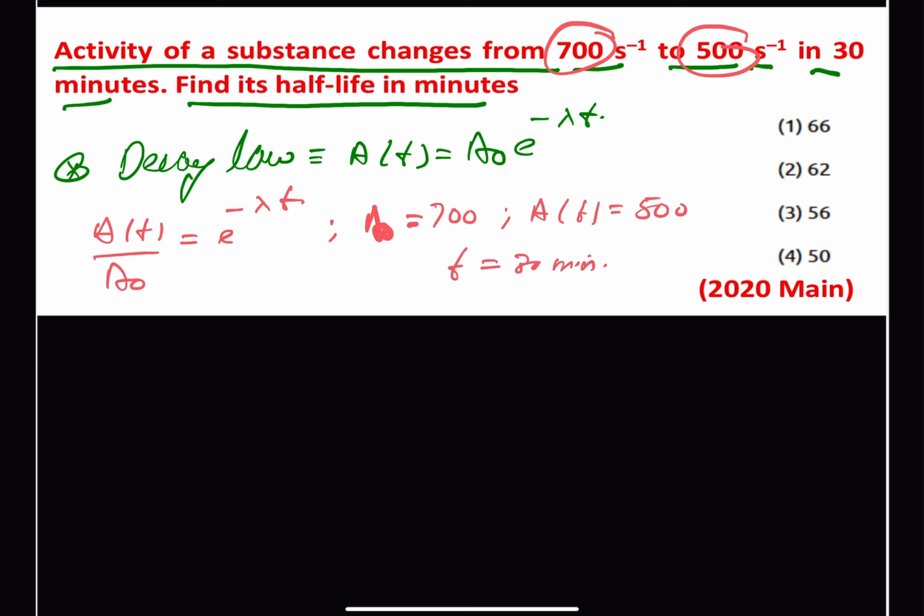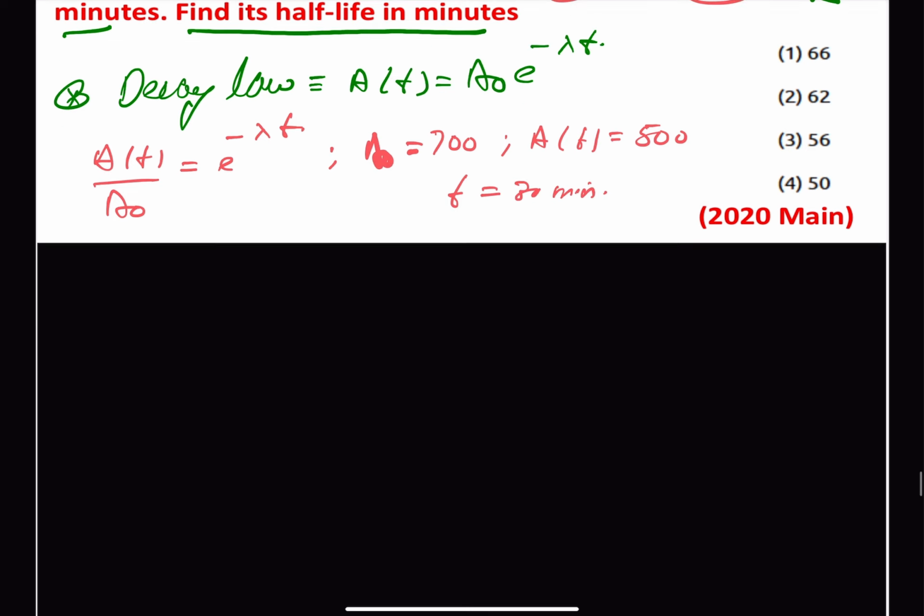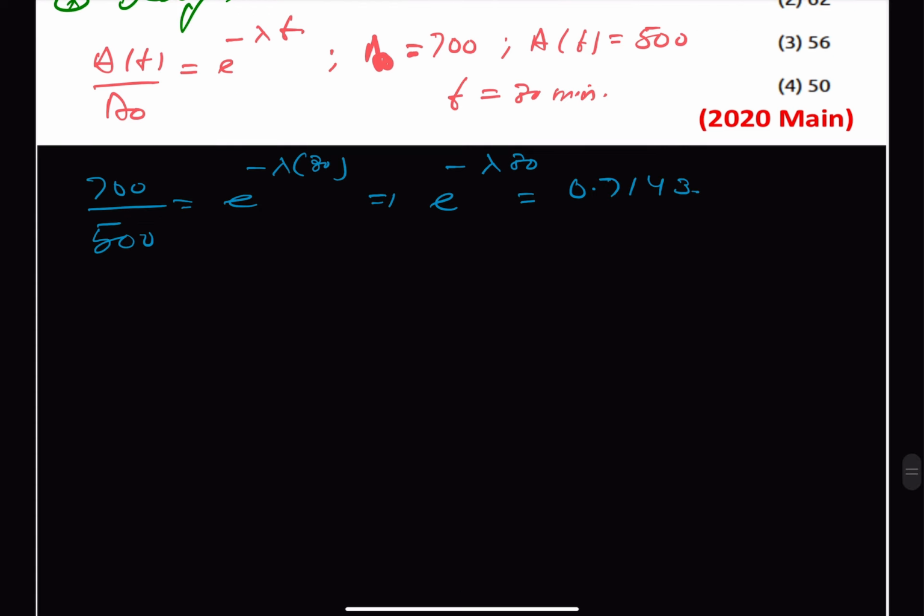So we have to find out the half-life. We can write this as 700 upon 500 is equal to e raised to the power minus lambda multiplied by 30, so e raised to the power minus lambda 30 will be equal to 0.7143, and we can easily calculate lambda from here.